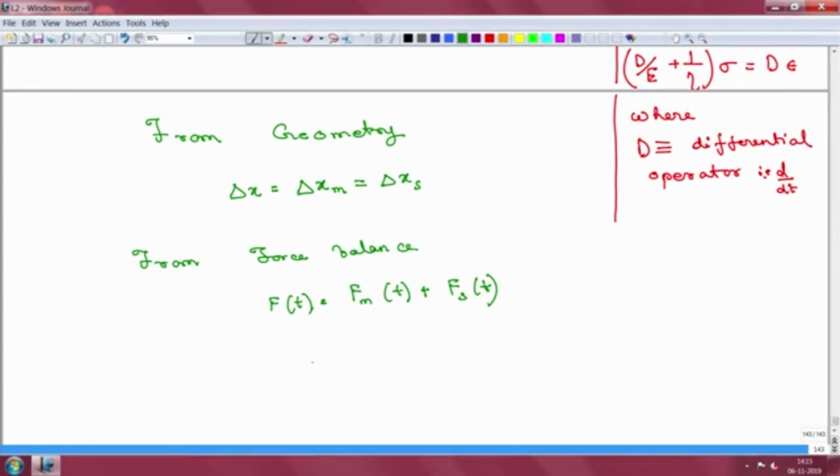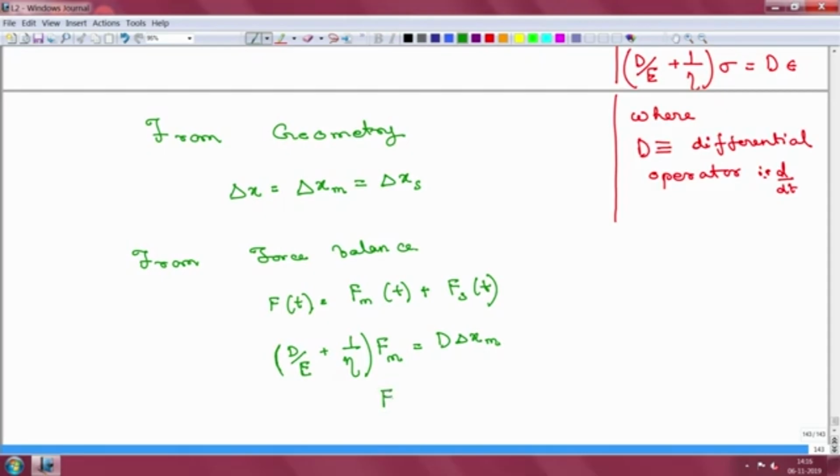Now, our relationship for the force when it comes to the Maxwell model is, so for d by E, if I want to write the individual relationships, the force in the Maxwell model is this quantity multiplied by Fm equal to d of the displacement suffered by the Maxwell model.